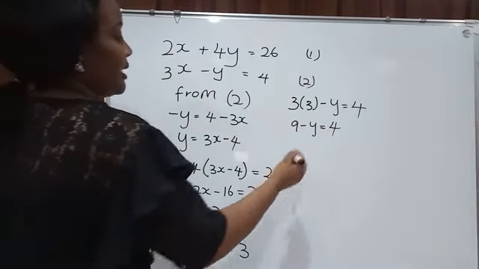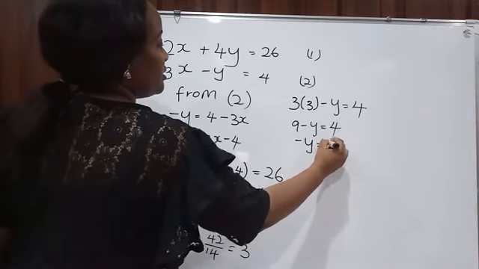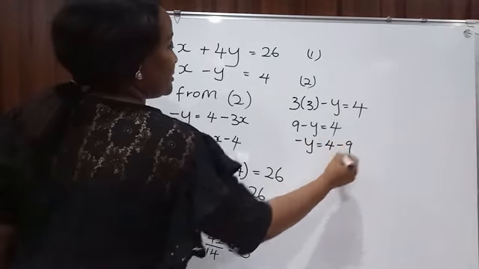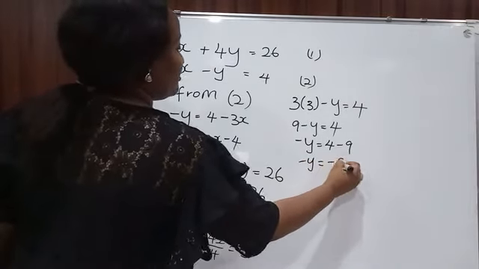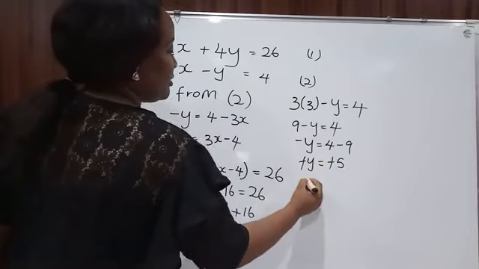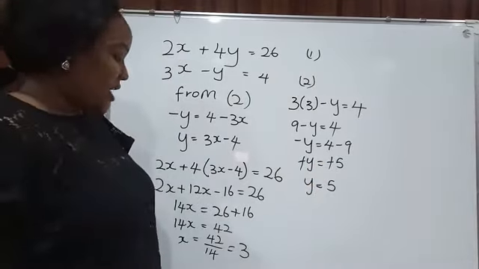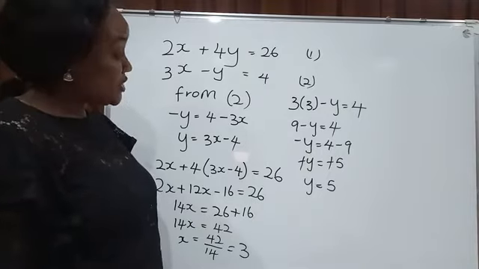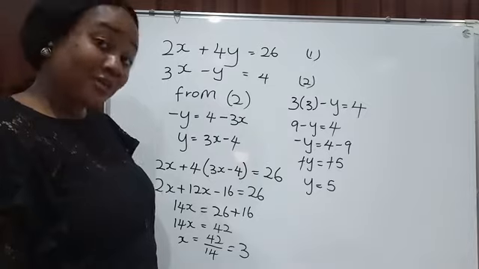Making y the subject of the formula, we have minus y equals 4 minus 9, minus y equals minus 5. Cancel out, and you have y equals 5. Feel free to substitute these answers into the equations and find out if we are correct.